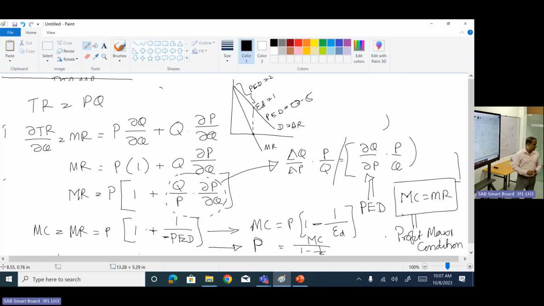This explains the relationship in the equation: marginal revenue equals price times 1 plus 1 over the price elasticity of demand. So we can see the relationship between marginal revenue and price elasticity. Any questions?